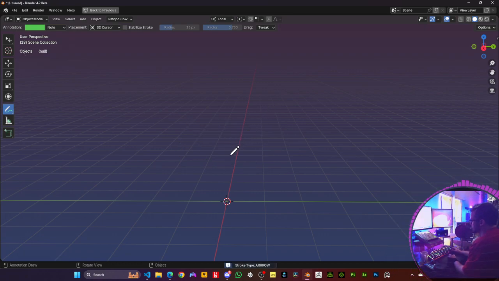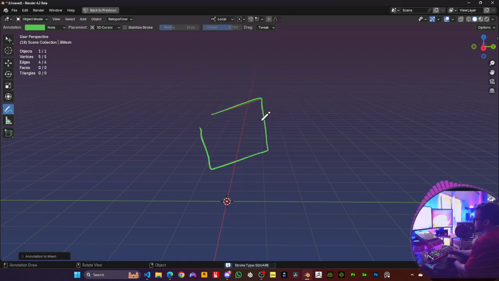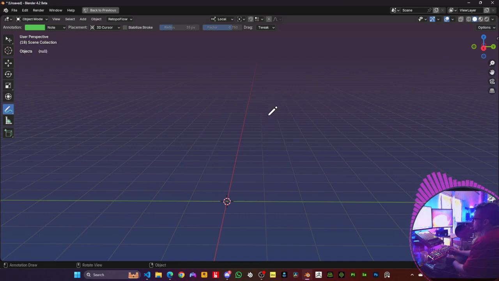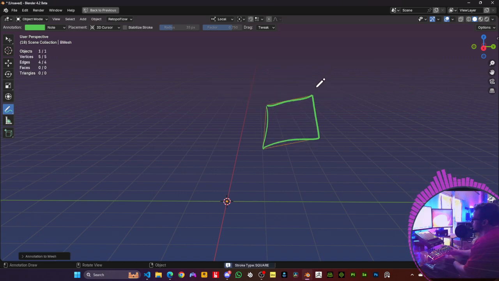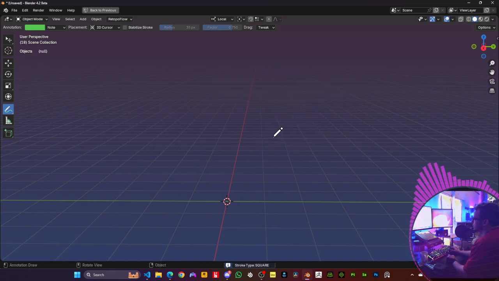Arrow. Okay. Triangle. Okay. That's a very skewed square, but it still gives me a square though. Okay. Square.